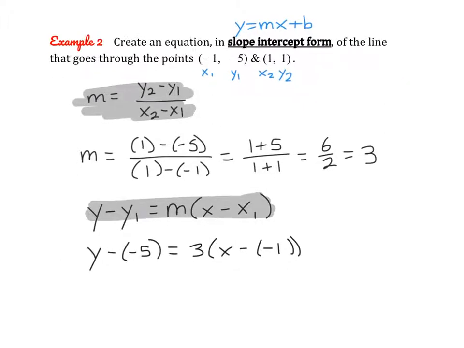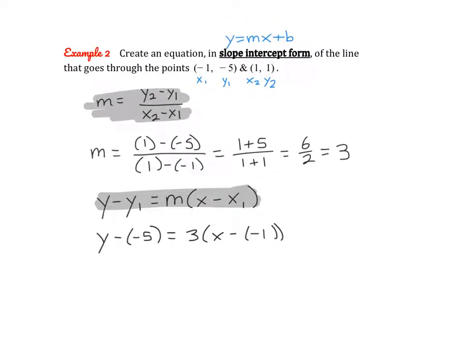Now remember, this problem, they asked us to write our answer in slope-intercept form, so I do need to now solve for y. So I'm going to start by taking care of my double negatives. So y plus 5 equals 3 times x plus 1. And then I'm going to distribute the 3 to the x and the 1.